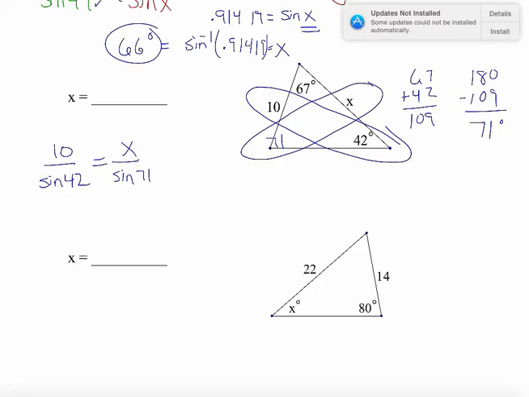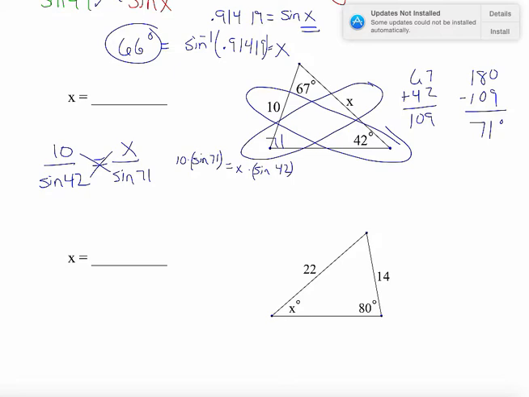And again, I'm going to solve this just like any other proportion by cross multiplying. So I get 10 times the sine of 71 should equal x times the sine of 42. Again, I like to put the parentheses around this to remind myself that that's one whole number, but I'm not rounding it yet.